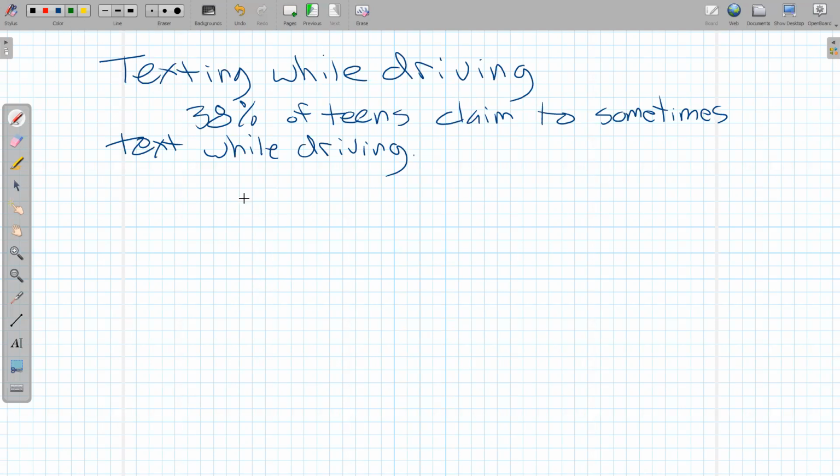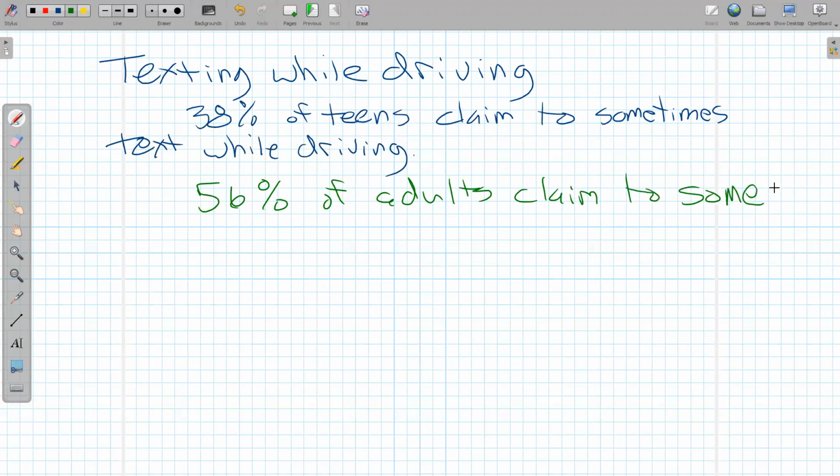Interesting thing that surprised me here was that 56% of adults, which includes some of these, because adults would be 18 years old, 19 years old, so there's some overlap with the teens, claim to sometimes text while driving.